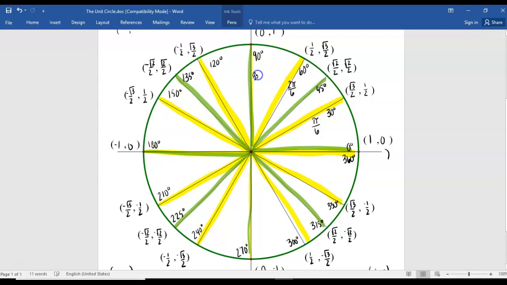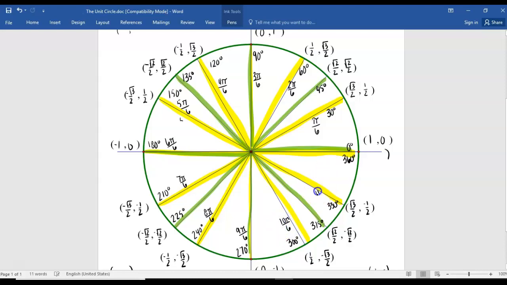This would be 3 pi over 6. This would be 4 pi over 6. This would be 5 pi over 6. This would be 6 pi over 6. 7 pi over 6. 8 pi over 6. 9 pi over 6. 10 pi over 6.